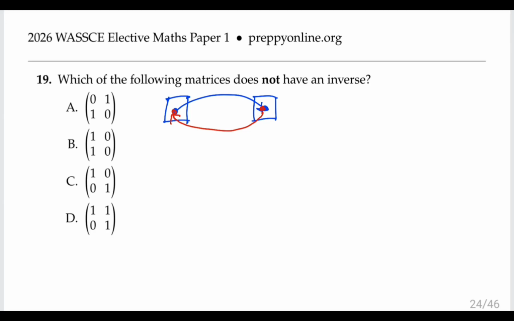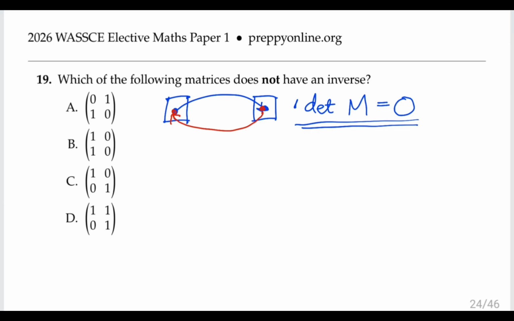So if you use that idea, you're going to look at this problem in one way. Another way, which is the way many students will do it, is to find the determinant. So if the determinant of a matrix, let's call it M, is 0, then that matrix cannot have an inverse.